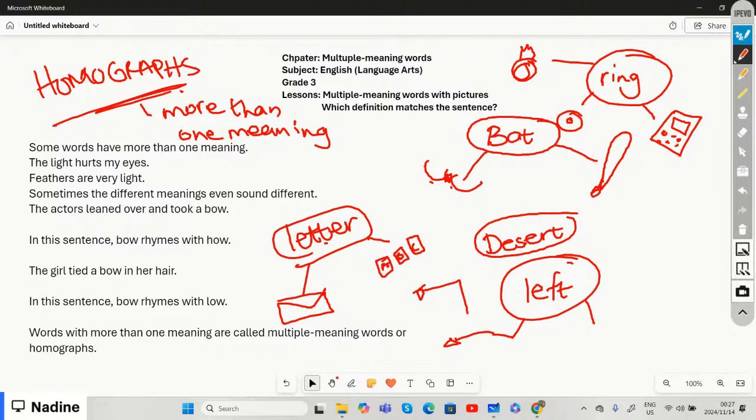You have a word with different meanings, and the word can either sound the same or it doesn't have to sound the same. But it is one word that spells the same, and they have different meanings.